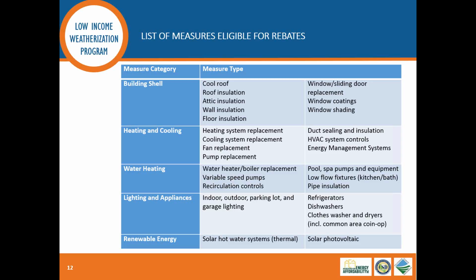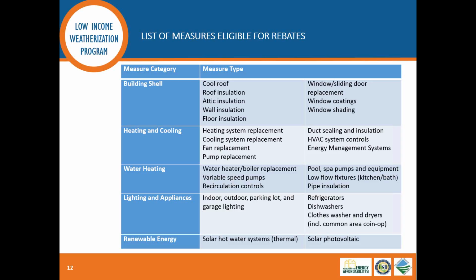Third area we look at is water heating. Most obvious is replacing the actual water heating system or boiler itself, but we can also look at controls such as variable speed pumps, recirculation controls, and we also look at if there's a pool in the property, there's a lot of opportunities to look at the pumps and equipment that are used to run and heat those pools or hot tubs, for example.